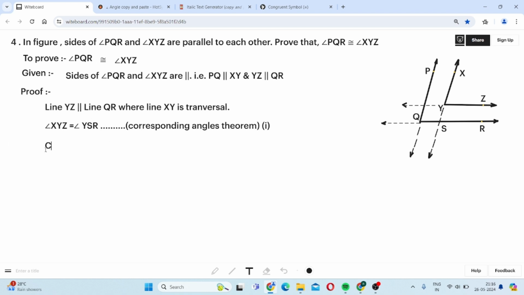Consider line PQ is parallel to line XS where line RQ is a transversal.